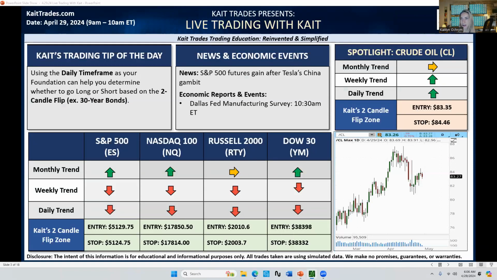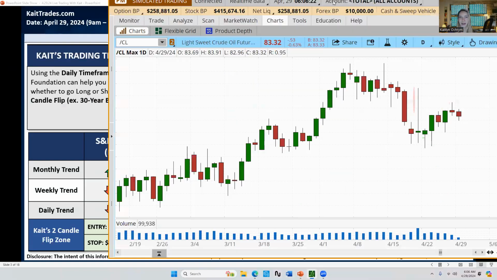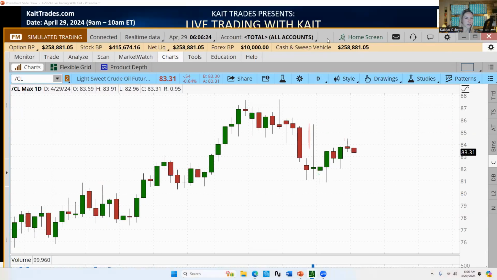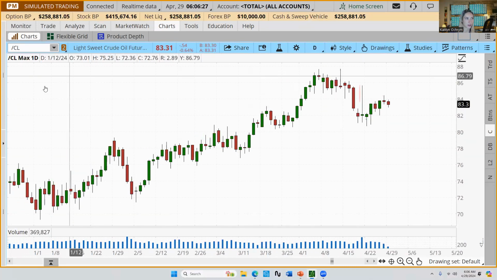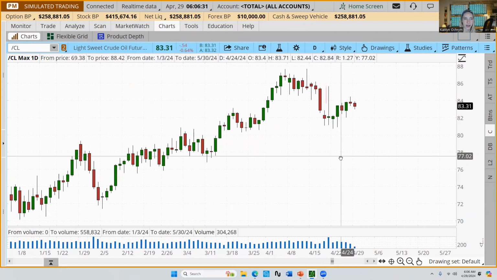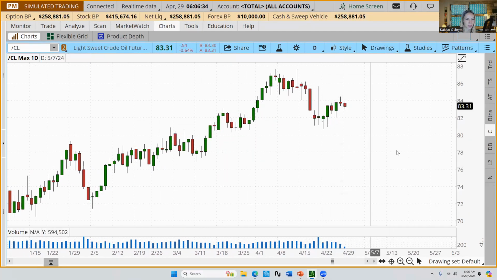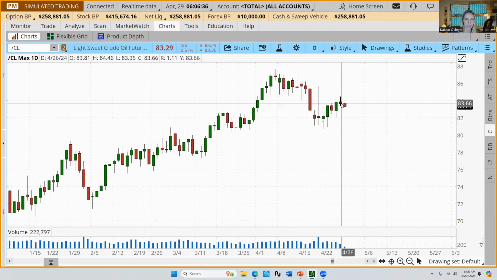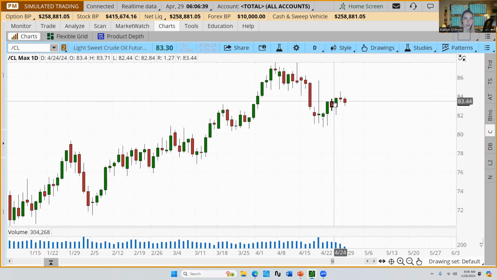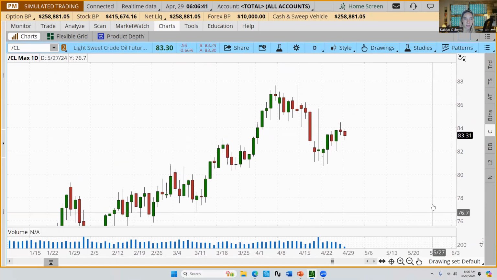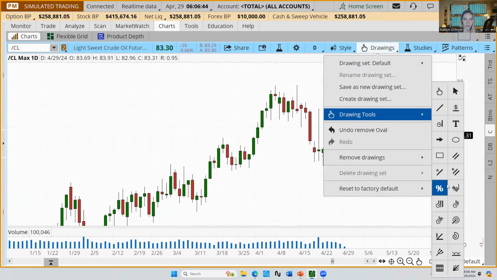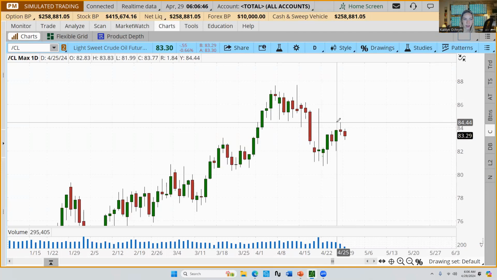So to point that out, if I come over to, let's see, crude oil as well. Crude oil, daily time frame. This one's going to be the spotlight trade as well. But take note of how we ended our session on Friday: with a 2-candle flip. If I just mark that from the high of the red candle to the close of the body, that is our 2-candle flip.